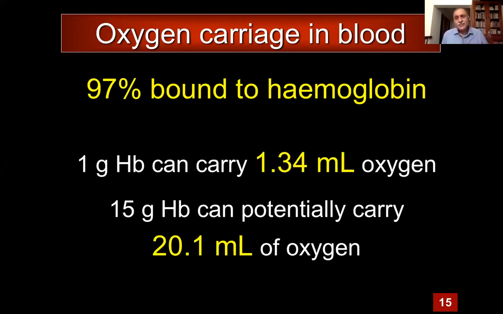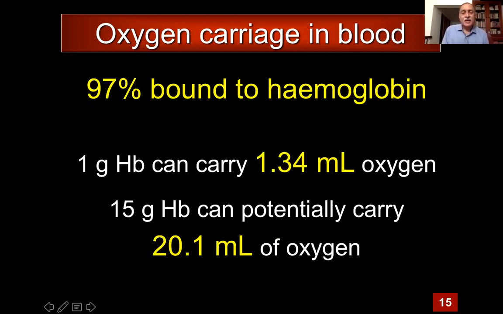Now we know that hemoglobin is the pigment in our blood that binds to oxygen, and 97% of the oxygen carried in the blood is bound to hemoglobin. If we go back to our days of physiology, we can recollect that 1 gram of hemoglobin is capable of carrying 1.34 ml of oxygen.